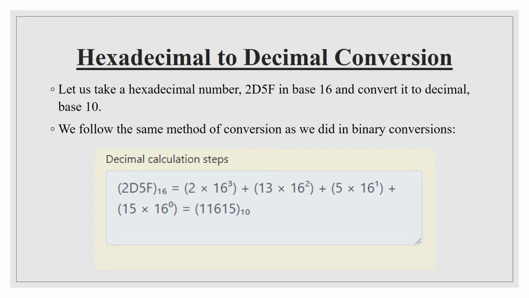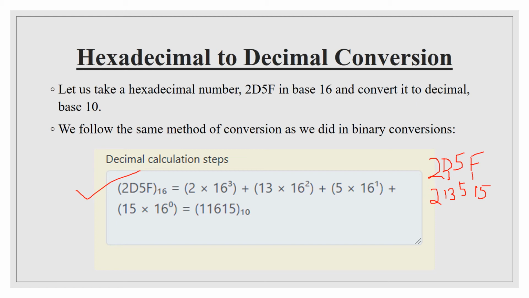We follow the same method of conversion as we did in binary conversion. Here we have 2, D, 5 and F. Here D is represented as 13 and F is represented as 15.